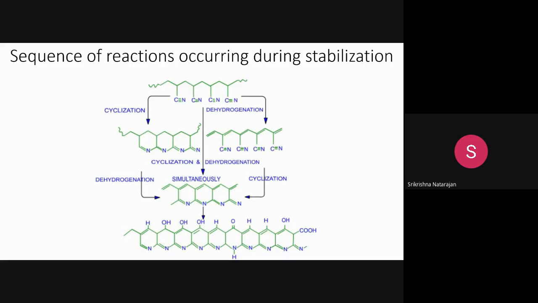Both cyclization and dehydrogenation take place simultaneously, so the hydrogen present in the structure gets separated out.